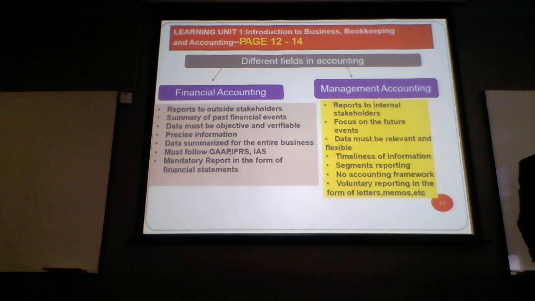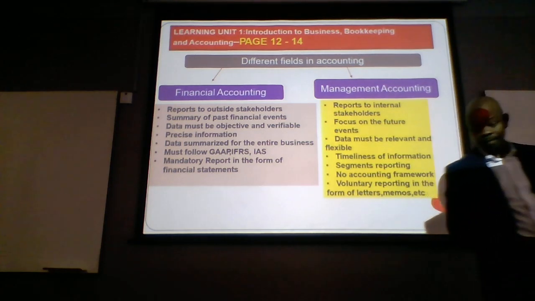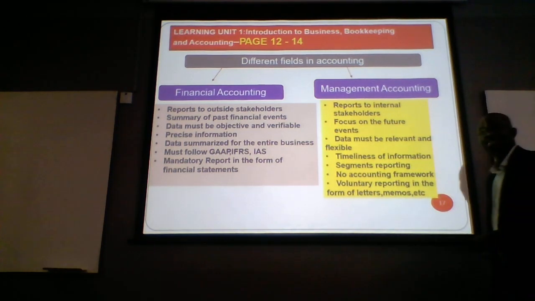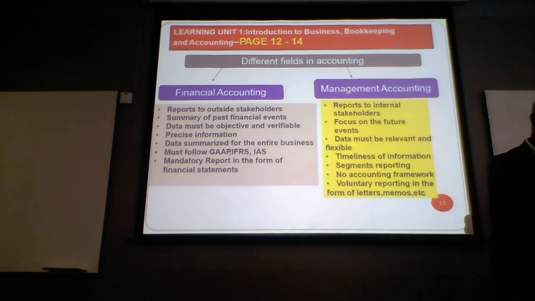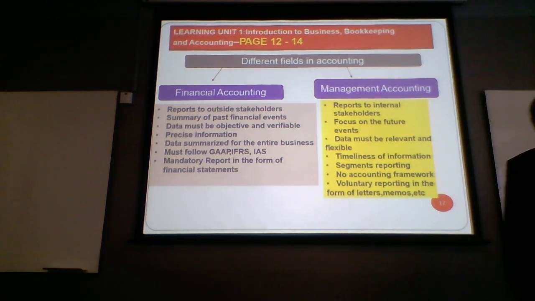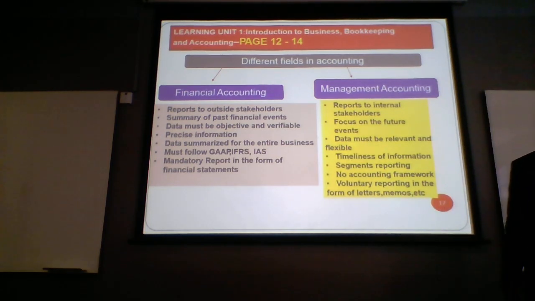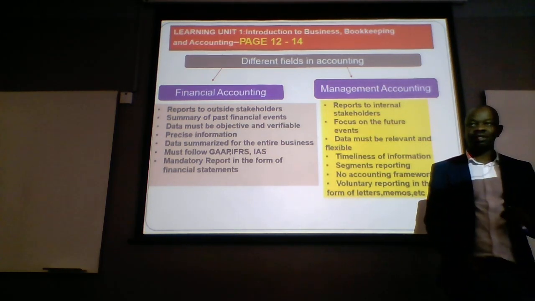Hey, we want to report on it. Want to make a decision. So can you see this one? It's voluntary, but this one is mandatory. So these are the differences between financial accounting and management accounting. Any questions? Let me know if you need a break. But I'm going to push this theory and then we can take a break.